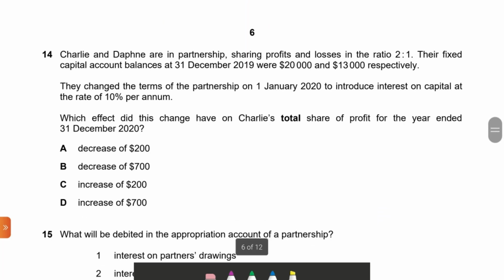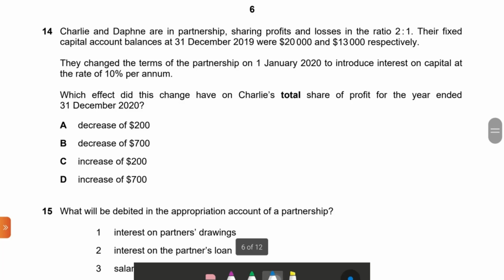Next, question number 14. Charlie and Daphne are in partnership, sharing profits and losses 2:1. Their fixed capital account balances at 31st December 2019 were 20,000 and 13,000.